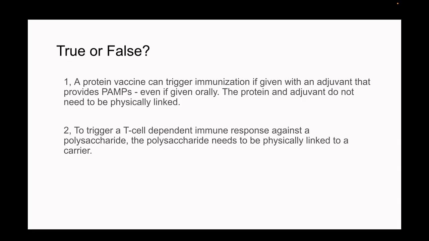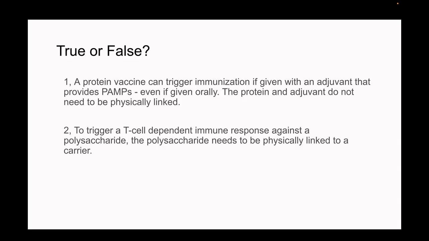The protein and adjuvant do not need to be physically linked. True or false? The second one is, to trigger a T-cell dependent immune response against a polysaccharide, the polysaccharide needs to be physically linked to a carrier. So you can pause the video and think about it.